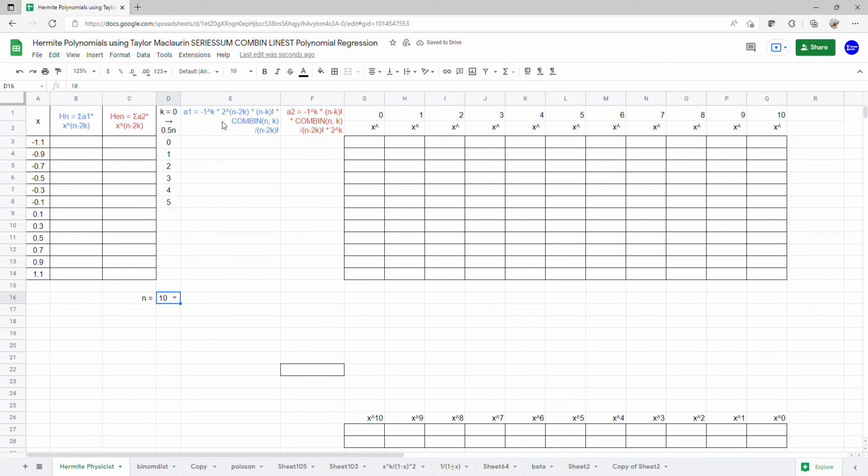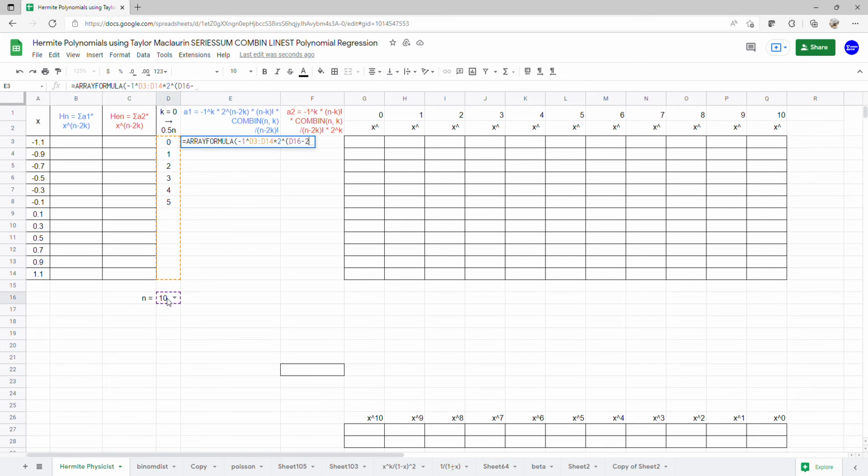Now we continue with the expansion coefficient for the physicist Hermite polynomial. So array formula: -1 raised to the power k times 2 raised to the power the quantity n minus 2k.